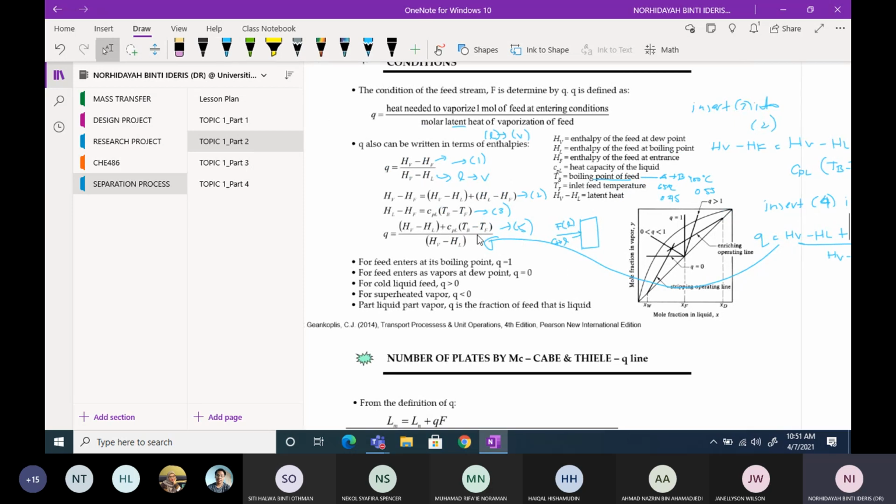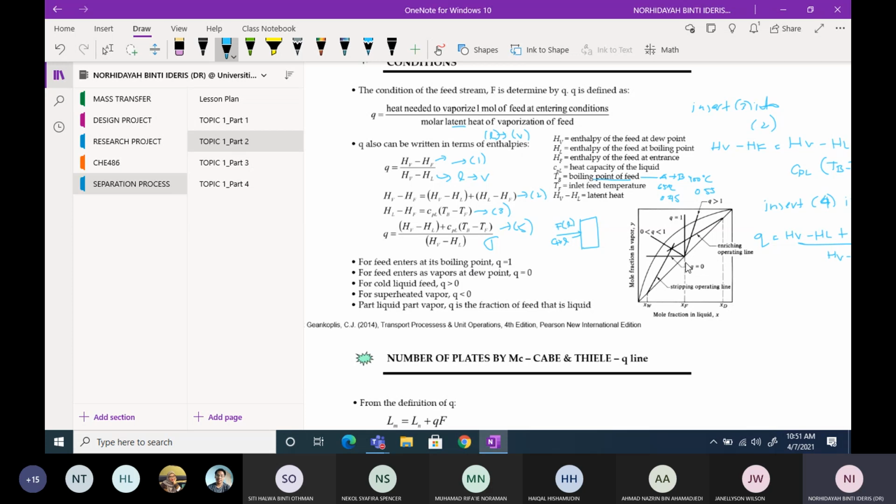This is not a straight line. Usually if you're plotting the Q line inside this vapor liquid equilibrium, if your feed enters at its boiling point, then your Q simply becomes equal to 1.